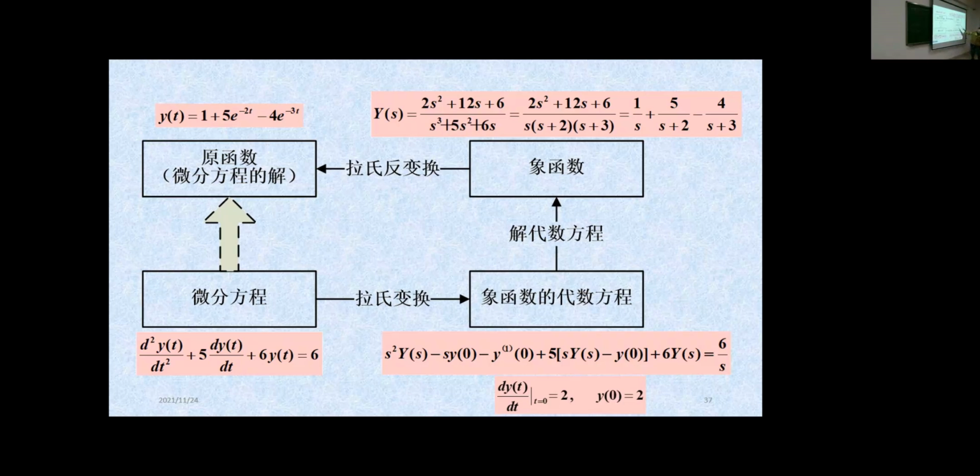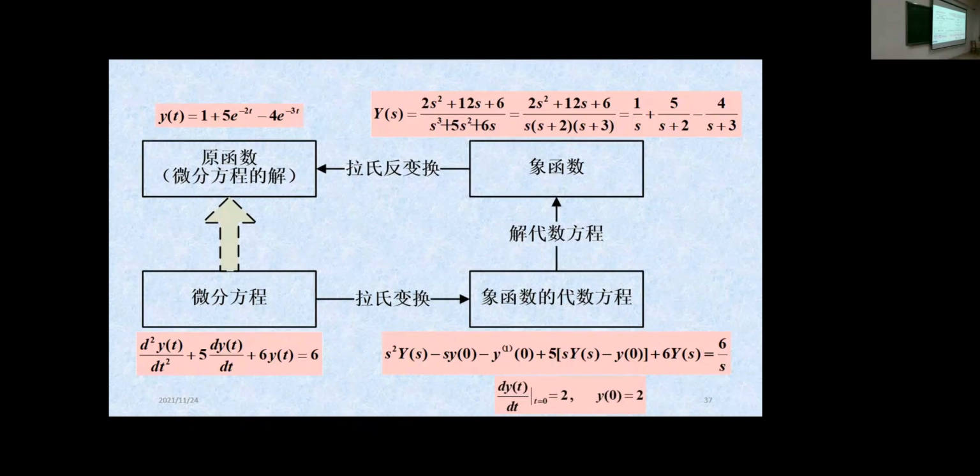By changing the s domain function into different parts we are familiar with, like common functions, and looking up the table to do the inverse transform, we get the final solution in the time domain, which is the solution to the differential equation. This is the whole closed-loop solving process, and why we use the Laplace transform.